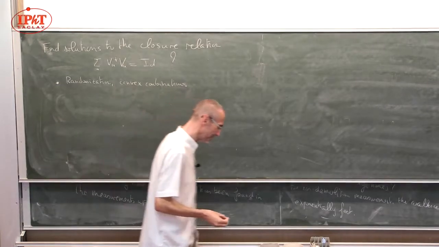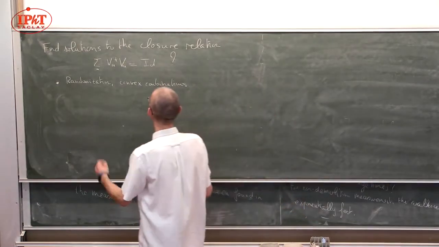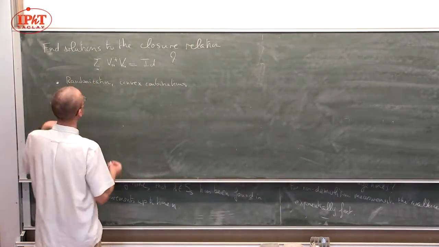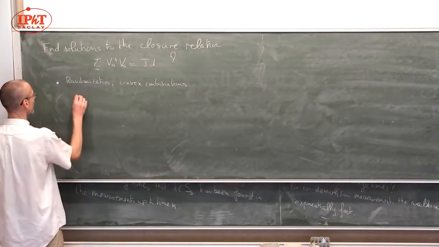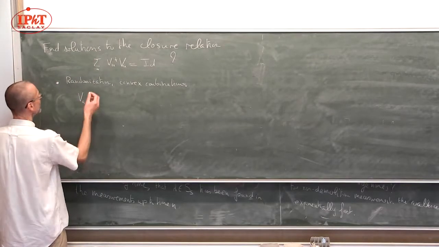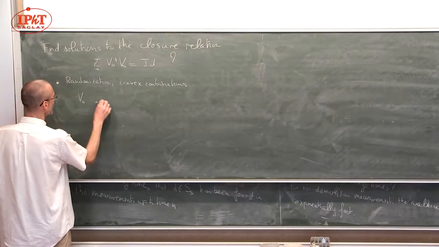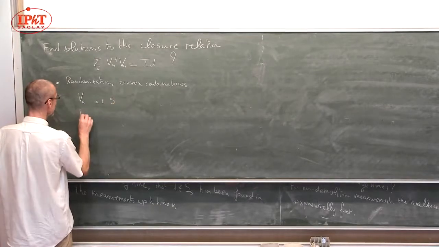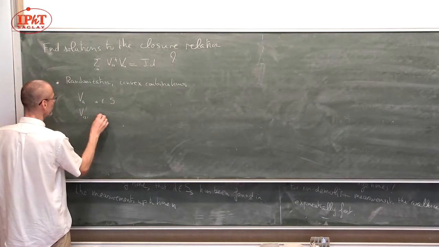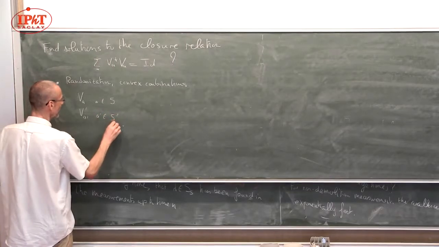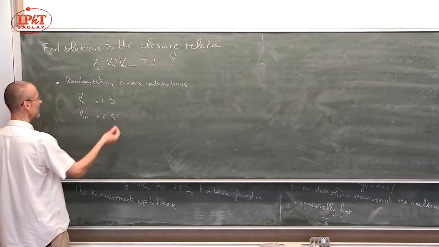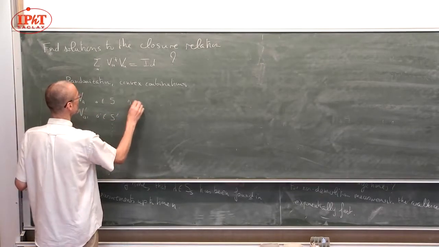So you imagine that you have several solutions. So you have VA, A belonging to S, V prime A prime, A prime belonging to S prime, and so on. These are solutions.